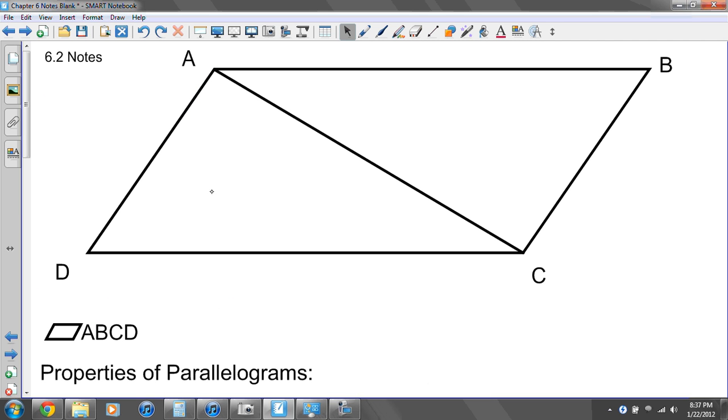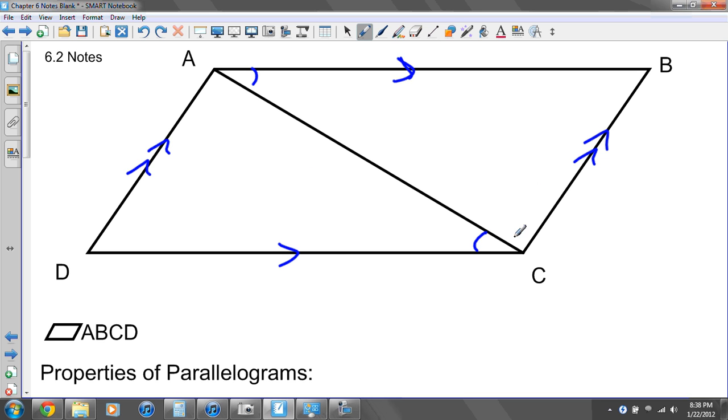In order to do that, we're going to use our definition of a parallelogram to come up with some congruent triangles. If I know that these lines are parallel, so this one is parallel to this one, and these are parallel, I'm going to be able to say that this angle is congruent to this one because they're alternate interior.